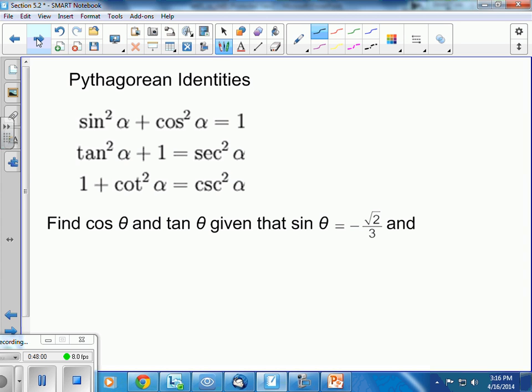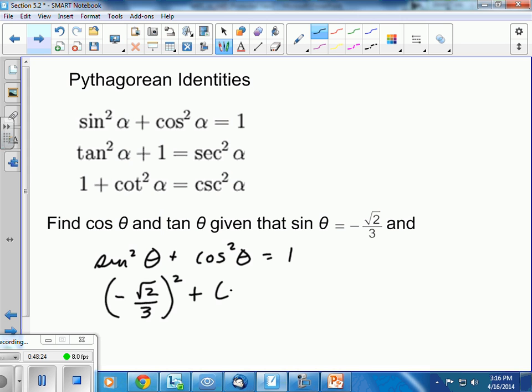So we're going to use the very first one that says sine squared plus cosine squared is going to equal 1. And the sine of theta is equal to negative square root 2 over 3. So negative square root 2 over 3, I'm going to square it. That plus the cosine squared theta must equal 1.